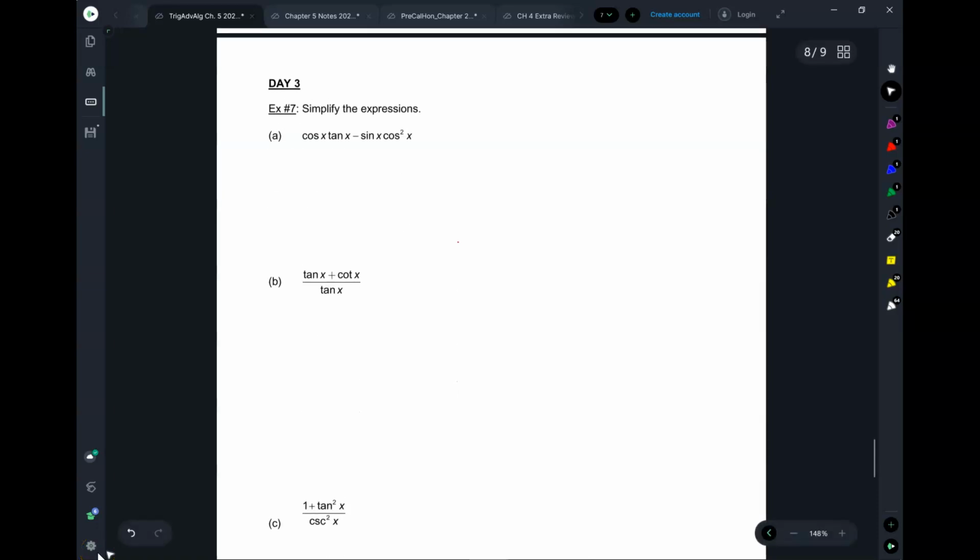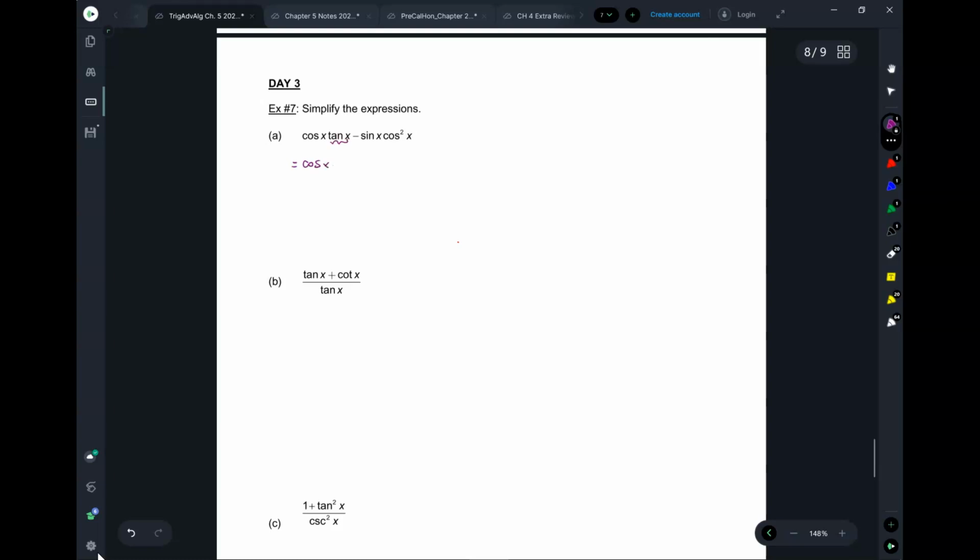Okay, so this is day 3. So here, again, we're going to use that box of the identities. The goal is to make everything into a sine or a cosine, right? In this case, since the cosine is already a cosine, we're just going to leave it as is.